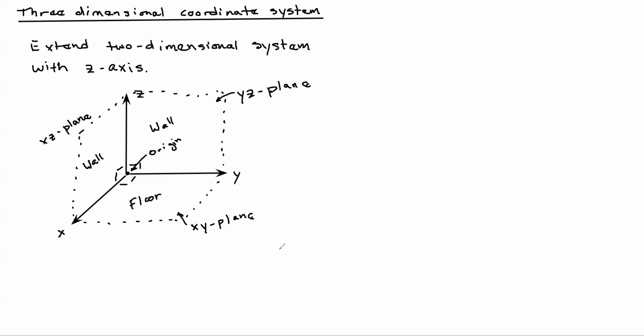Okay, so once we've got the basic idea down for what our three-dimensional coordinate system is, the next thing that we want to do is to go through and use it. So what we're going to do to use it is plot points.